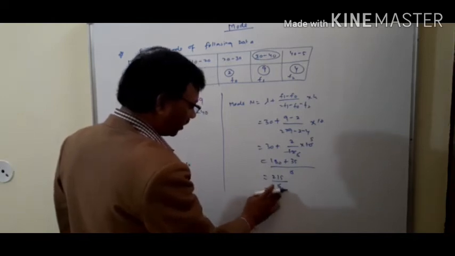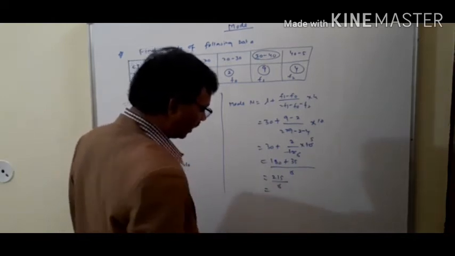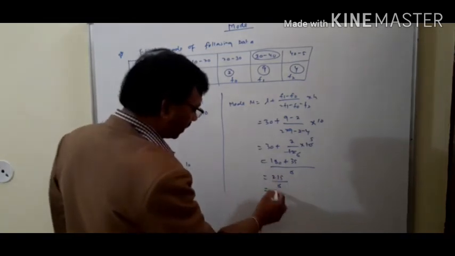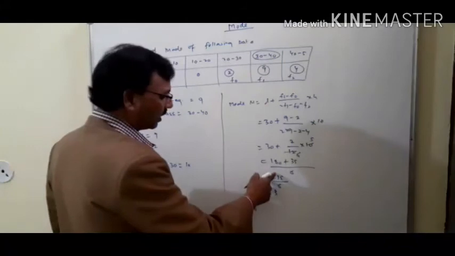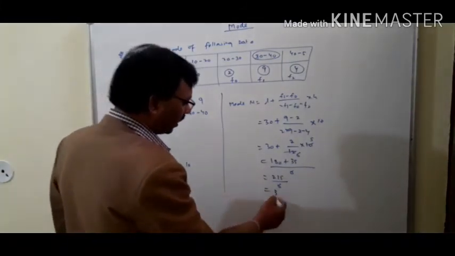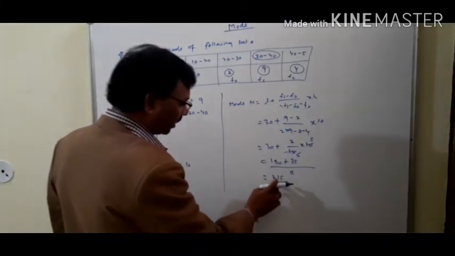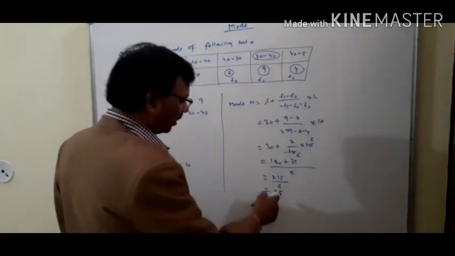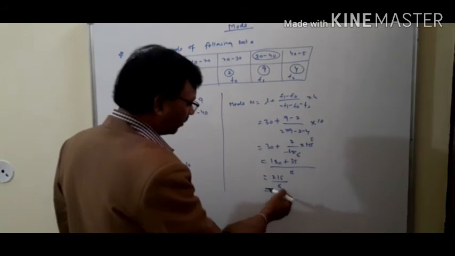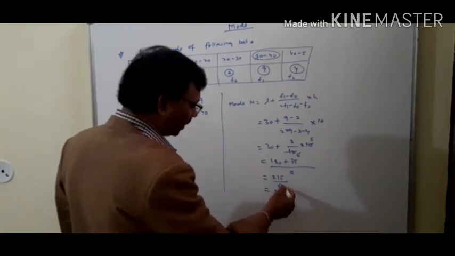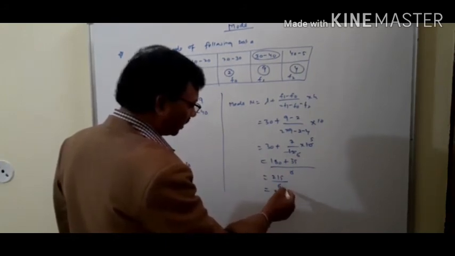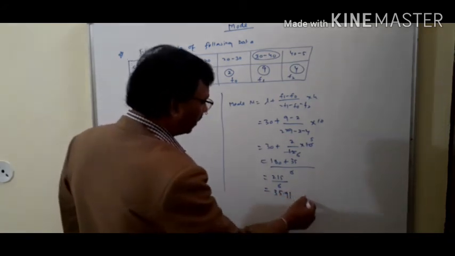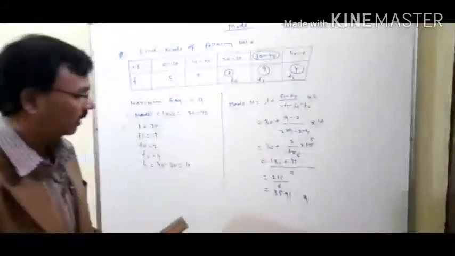Not cancelled, so divide by 6. 6 3s are 18, 3 remainder. 6 5s are 30, again 5. 6 8s are 48, 6 9s are 54, 6 1s are 6. This is the mode of this given data.